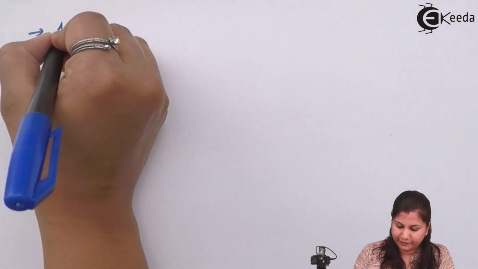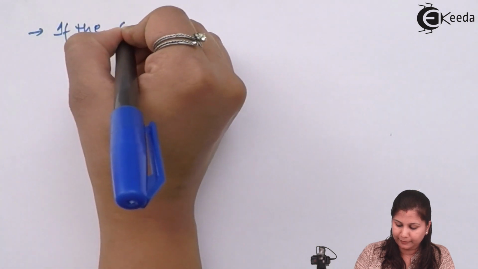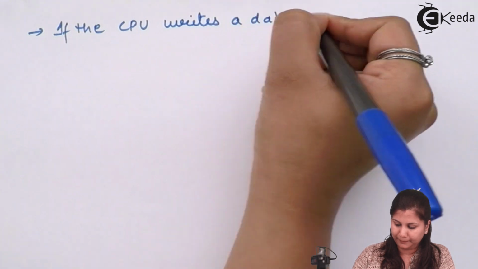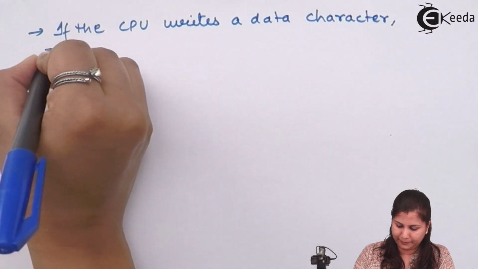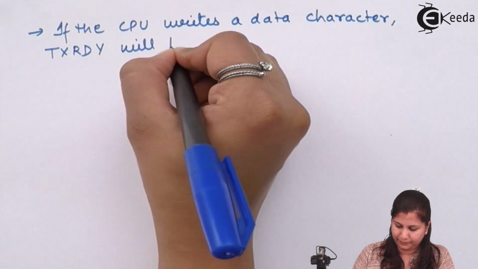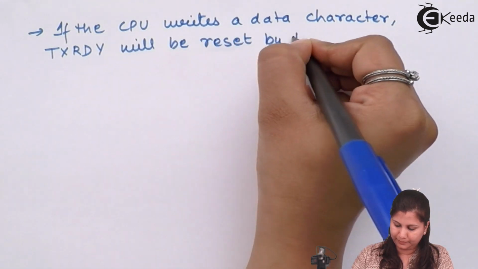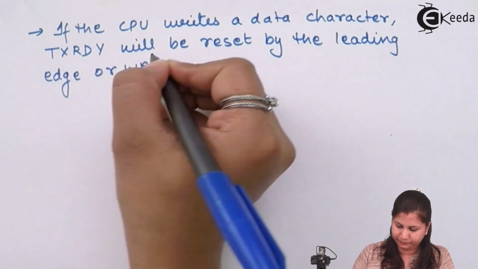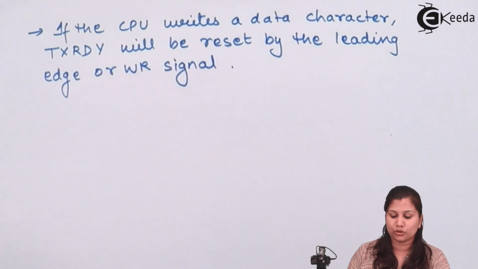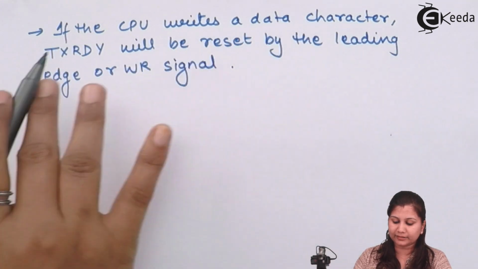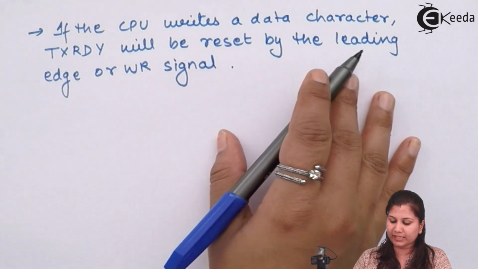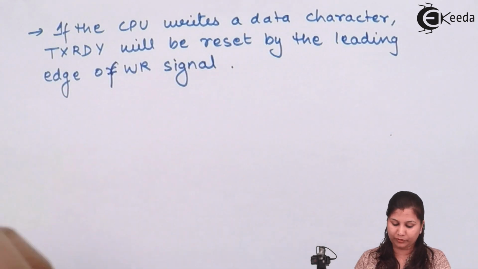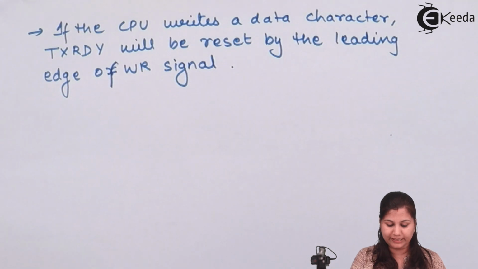So if the CPU is writing the data character, the TX ready signal will be reset by the leading edge of the write signal. So that was the transmitter ready signal.